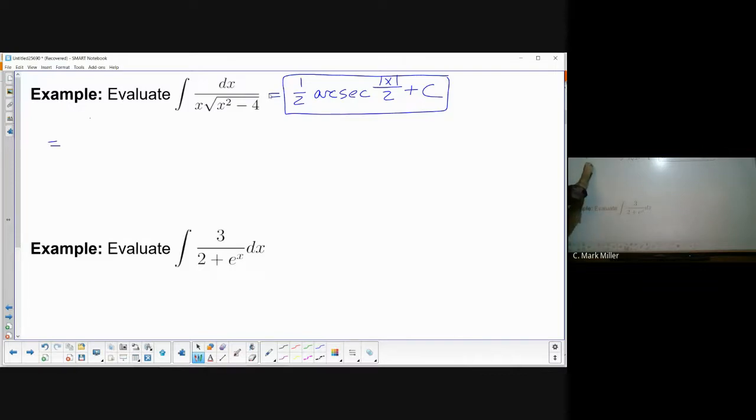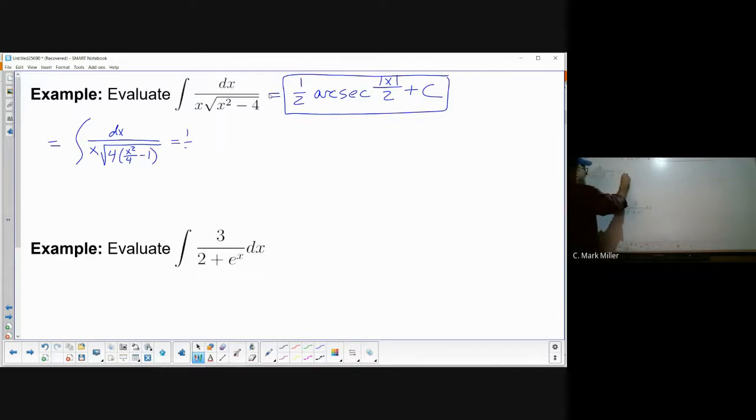It's going to be integral dx over x. Let's get rid of that 4. I can bring that 4 out as a 2, so it goes all the way out as a 1/2. Now watch this very carefully.